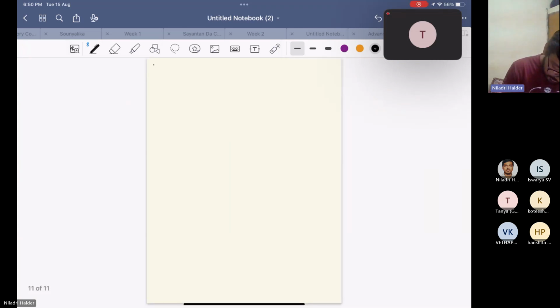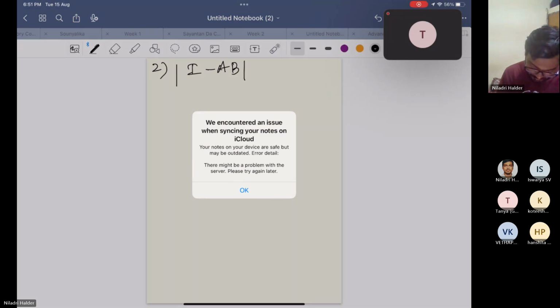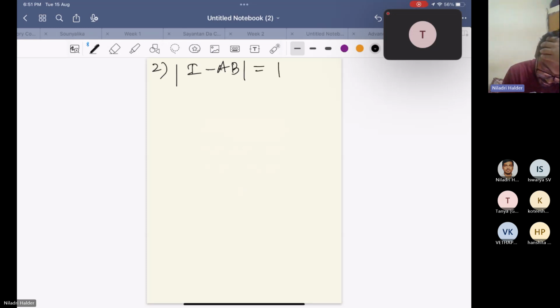Okay, so then the next question is: the determinant of I minus AB is the same as the determinant of I minus BA. So how to solve this?